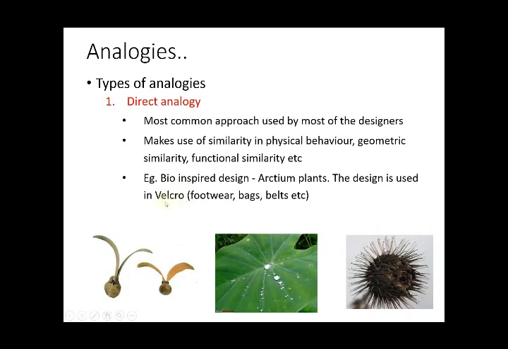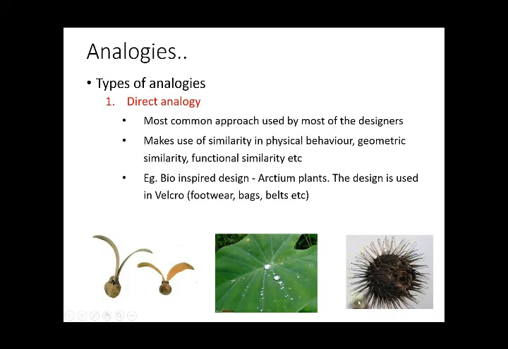Velcro is actually made by one particular company. It comes as a roll, and it is sold as a bulk quantity material. Manufacturers of footwear or bags or belts or other products buy Velcro in required quantities, cut it into required dimensions, and then use it in their products.